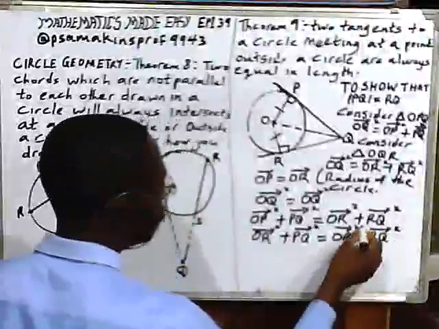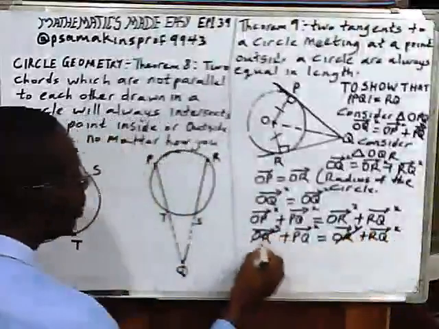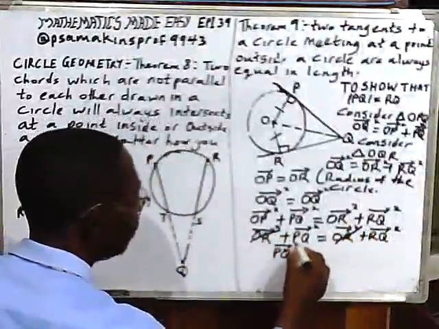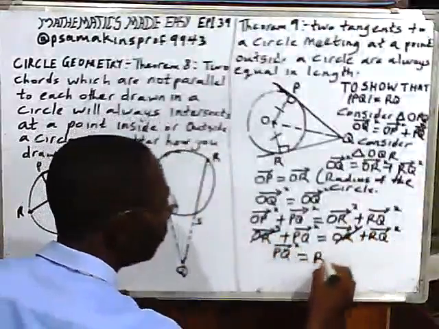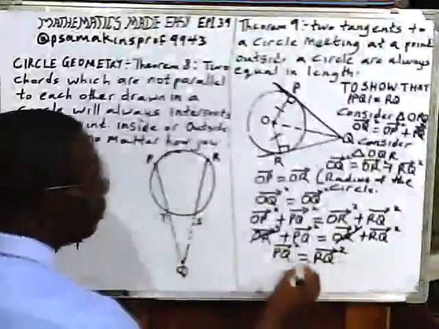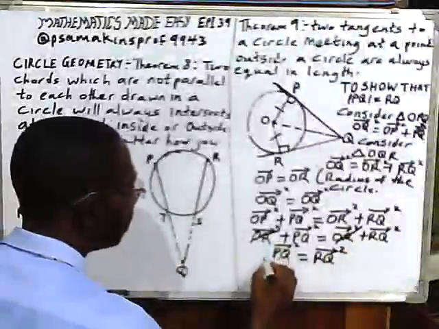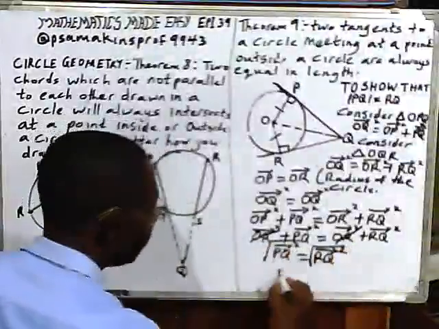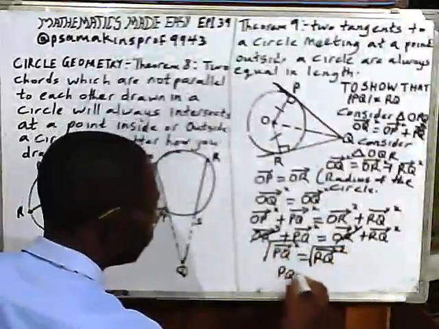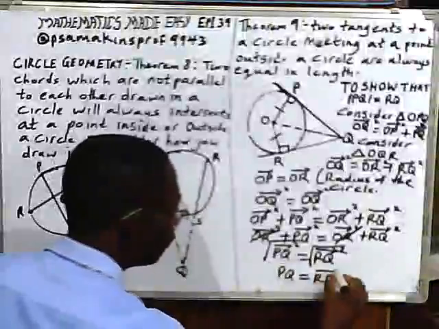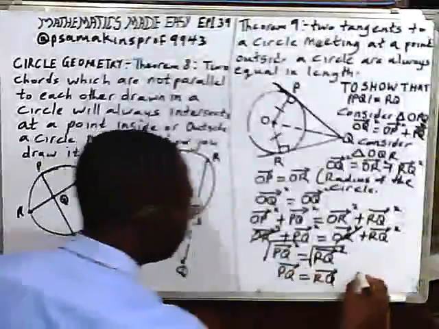So if we cancel this one out, then we have PQ squared equals RQ squared. So if we square root both sides now, then PQ will be equal to RQ. Proof.